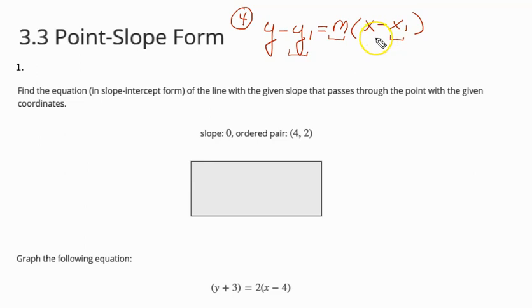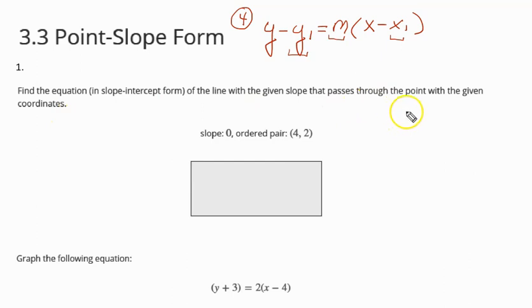Okay. Now, one of the things they're asking us to start off with is find the equation in slope-intercept form of a line given the slope that passes through the point with the given coordinates.